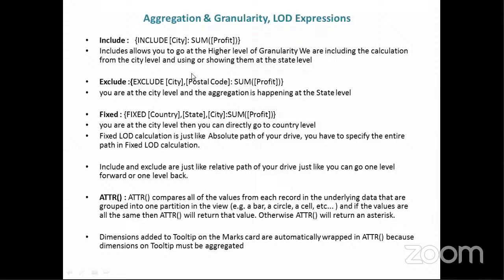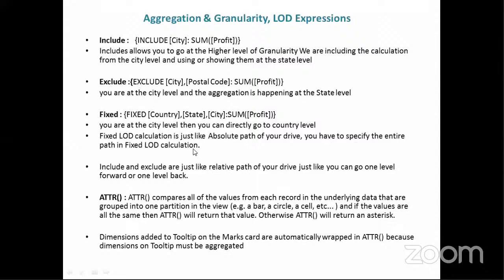We are including in the calculation from city level and showing them at the state level. So it means you can include anything wherever your visualization is at some different level. Excluding means you can exclude these things considering your visualization is at some different level. And fixed means you can achieve the result which is achievable by include as well as exclude by this one.